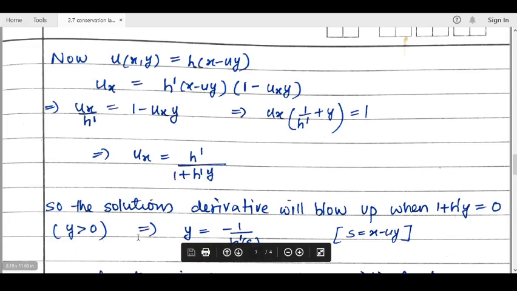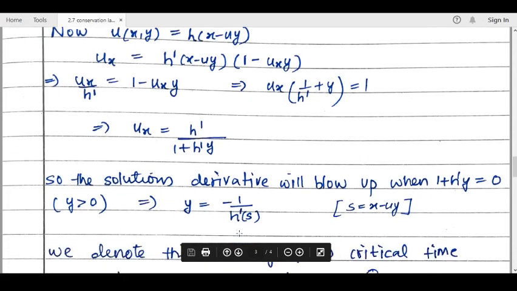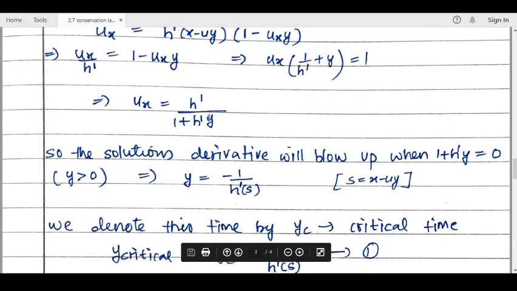That is, at that point y is minus 1 by h dash of x minus uy, and x minus uy is s. So it is minus 1 by h dash of s. So at this point the derivative will blow up. That is, the derivative does not exist, so the function is not smooth. Its partial derivative does not exist.